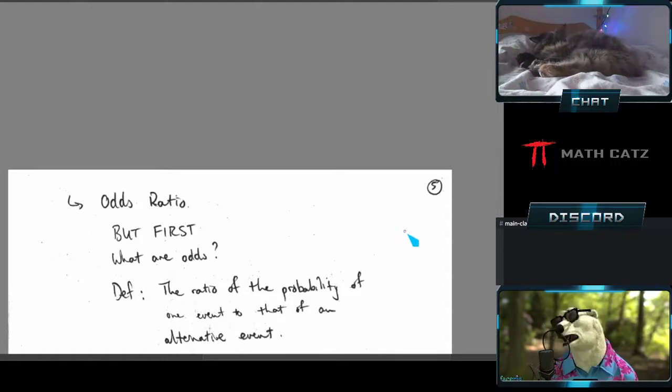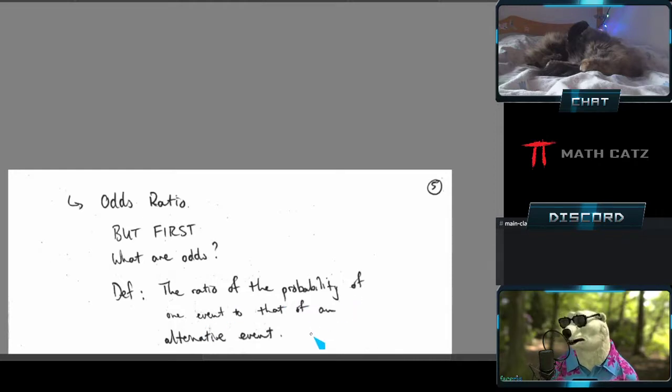Odds are used in a variety of ways when I just speak casually. But odds are defined in this setting as the ratio of the probability of one event to that of an alternative event. It is the ratio of probabilities.